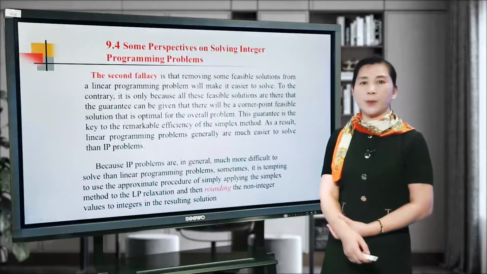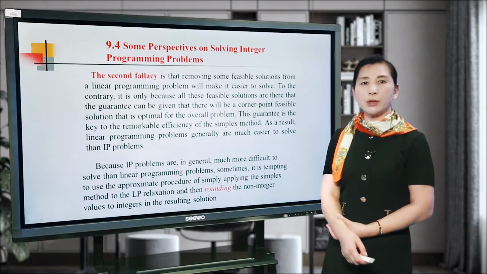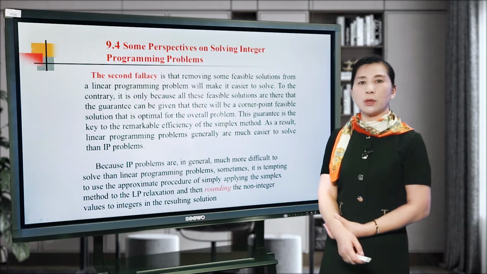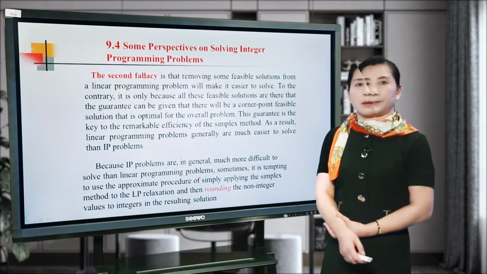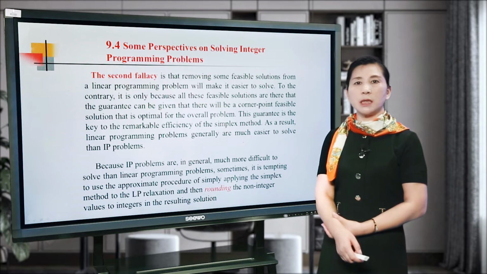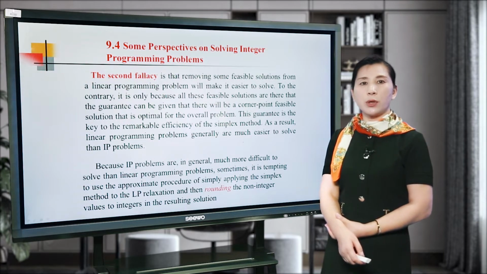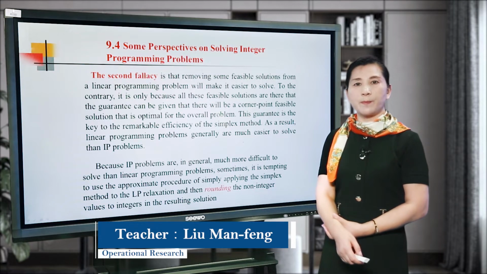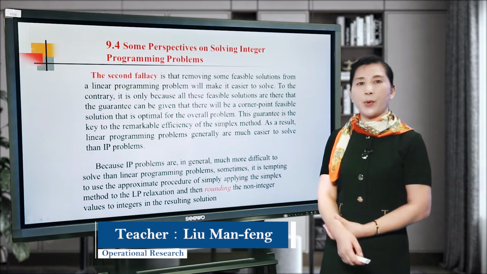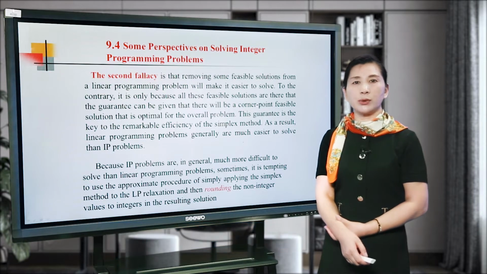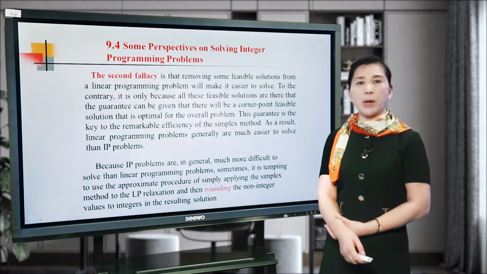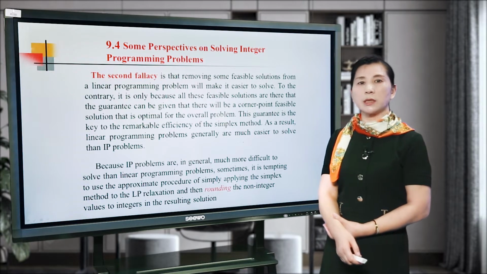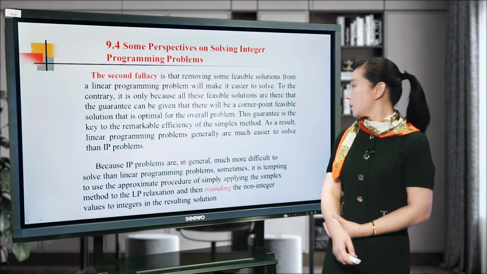Because IP programs are in general much more difficult to solve than linear programs, sometimes it is tempting to use an approximate procedure of simply applying the simplex method to the LP relaxation and rounding the non-integer values to integers in the resulting solution.